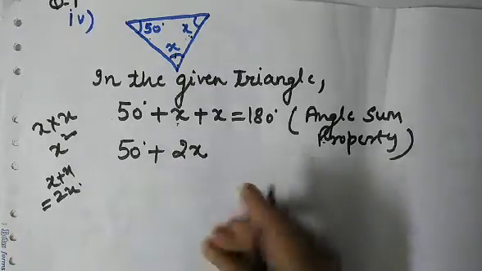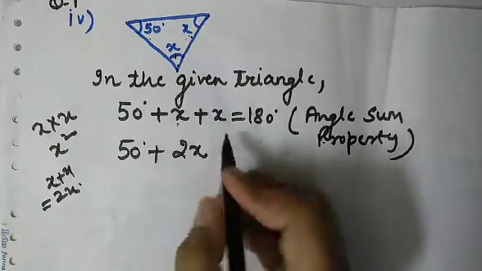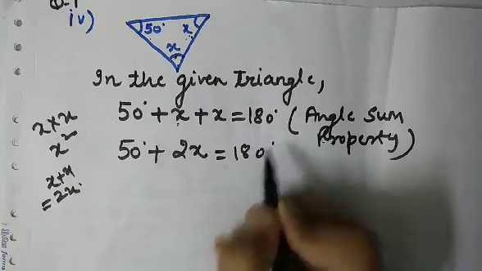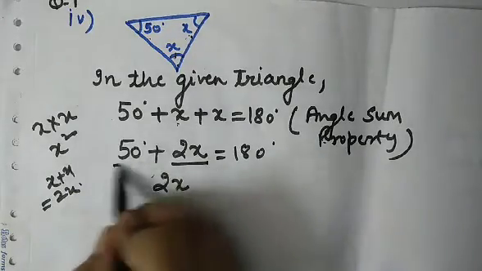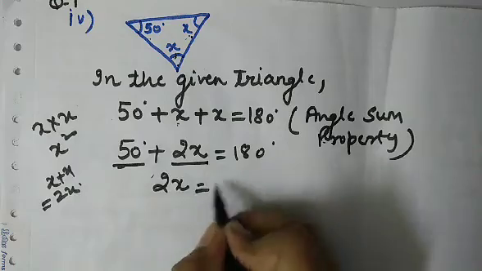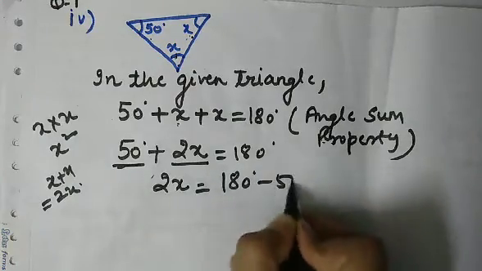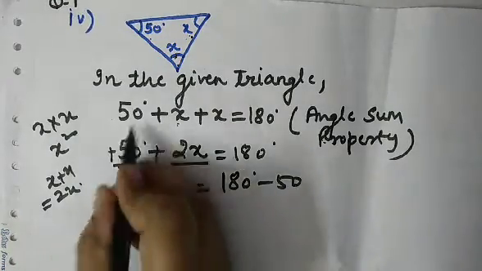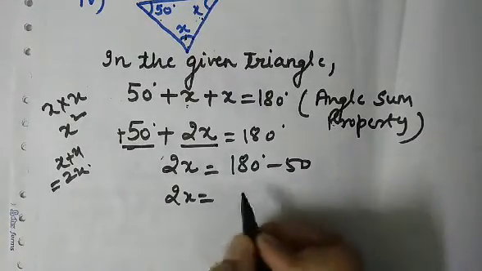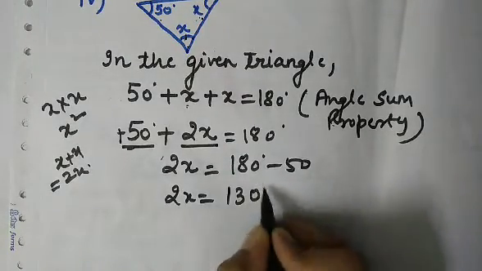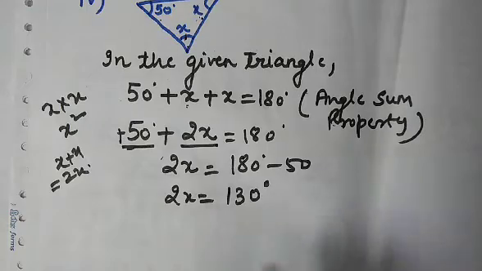Don't get confused. So 2x is equal to 180. Now I have to find x, so it will remain the same and this has to shift its side, so it will be 180 minus 50, because here it is plus, so if it changes its side it will be minus. So 2x is equal to 130 degrees, on subtracting I will get this.